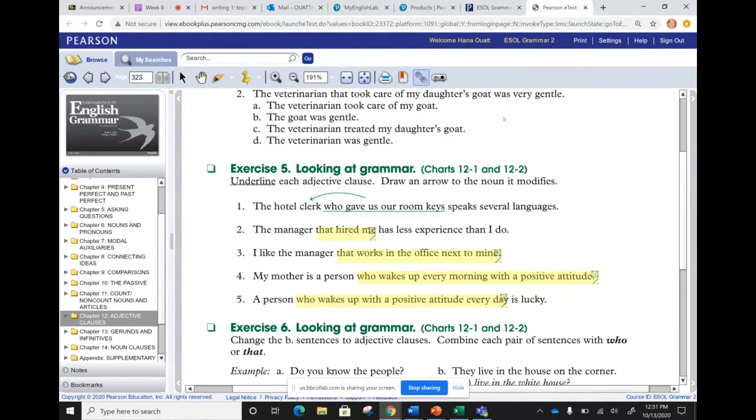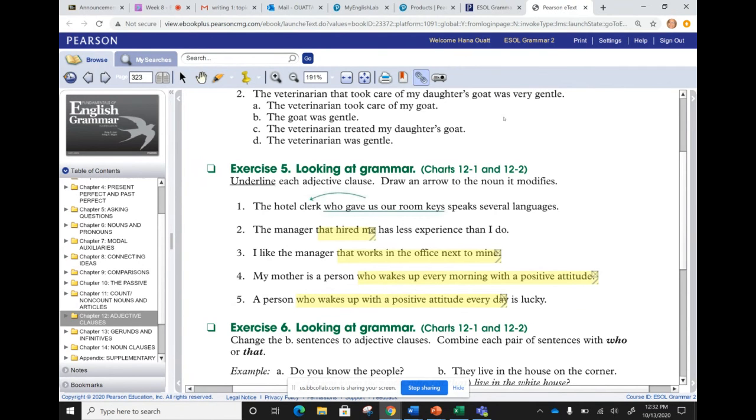Oh, I made a mistake. To me, the adjective clause was wakes up. Oh, wait, a person who wakes up. Okay, what that means is, Walter, what you're saying is you're describing the person as a person who wakes up.